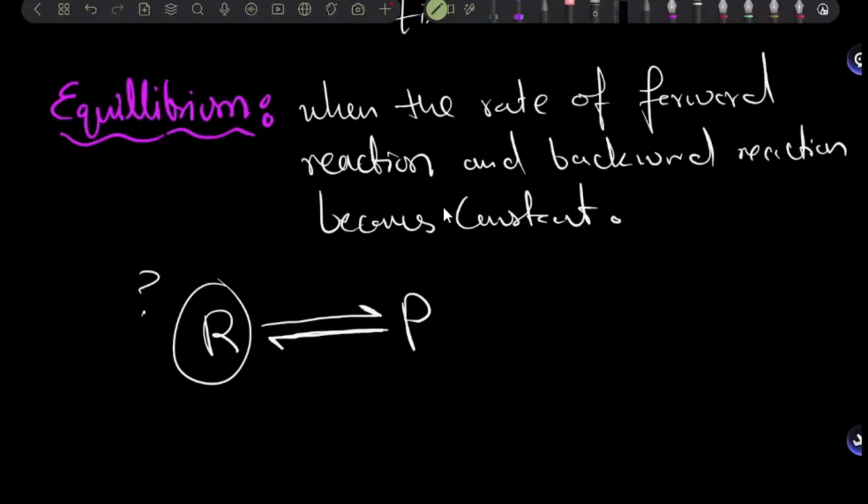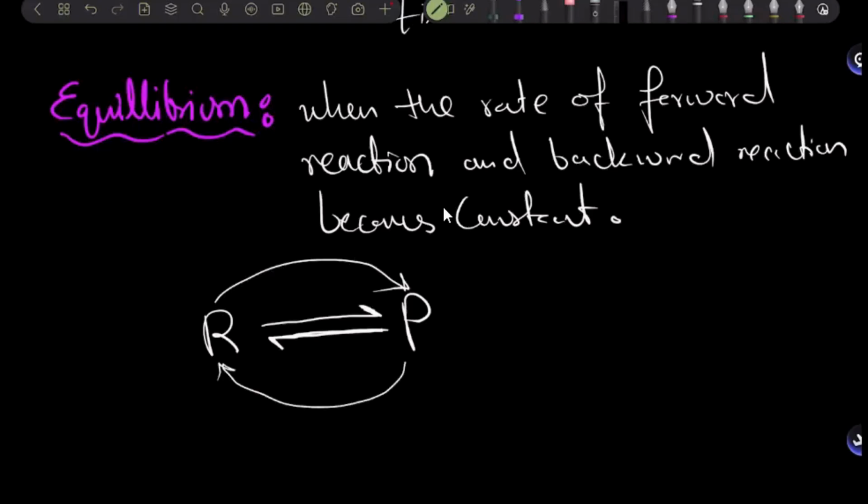And the products ask the reactants, how many reactants should I make after every second? Then they establish an equilibrium in which both have decided how much product will be made, that is the forward reaction, and in the same second, how much product should go back and make some reactants. So they come to an agreement, right? And that is the state when equilibrium is achieved.